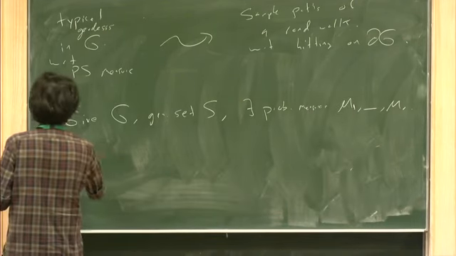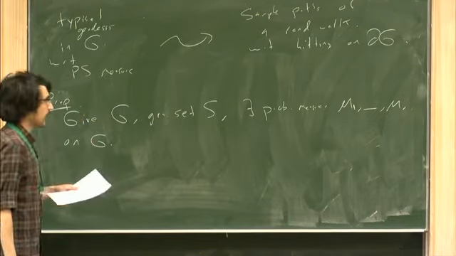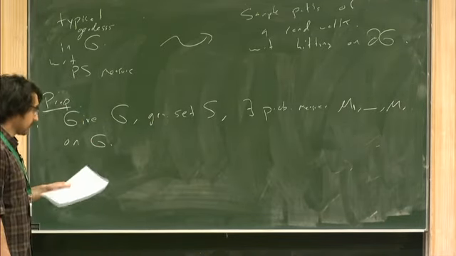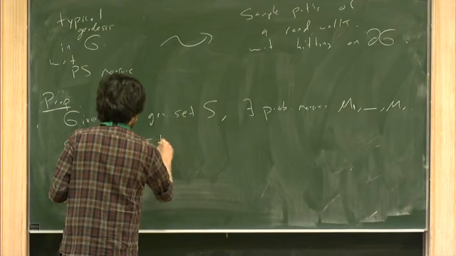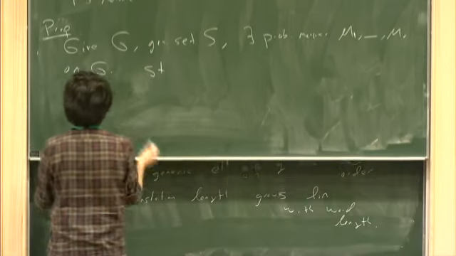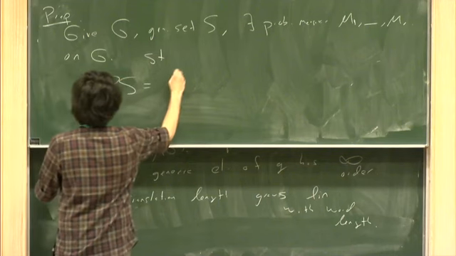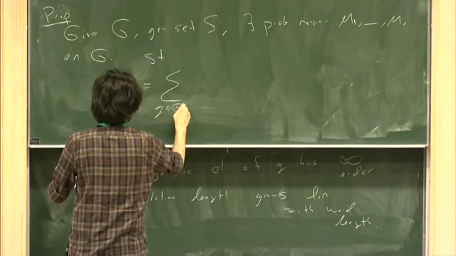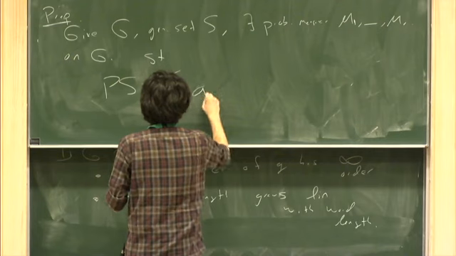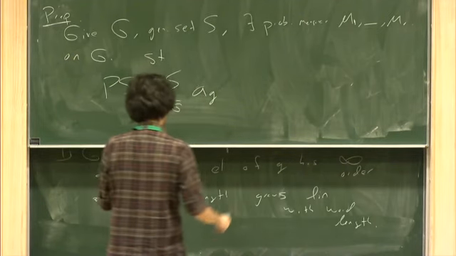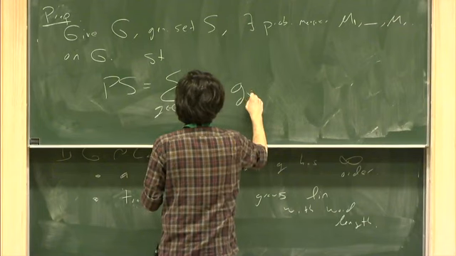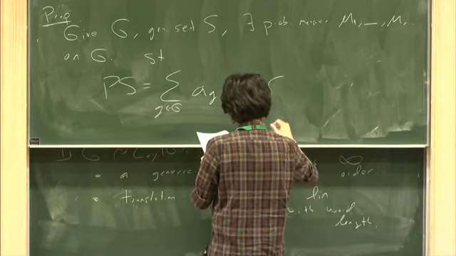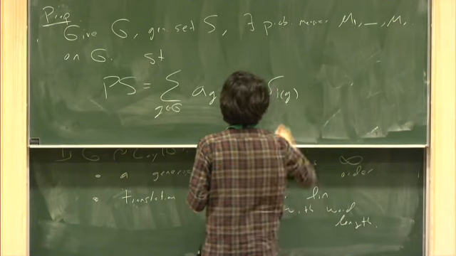So these are probability measures on G, with finite first moment, such that the Patterson-Sullivan measure can be written as a sum over elements g of G with coefficients a_g times the push forward of nu_{i_g} by the element g.